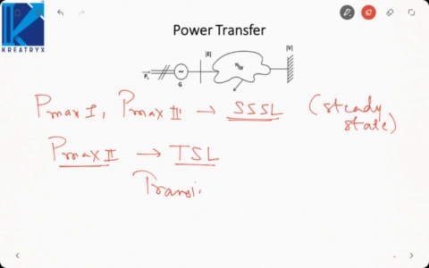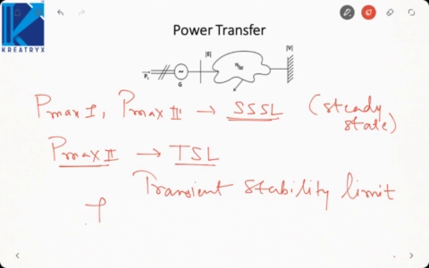Okay, so what is the transient stability limit? It is actually the maximum power transferable during the fault. This is the maximum power that you can transfer from source to load when the fault has occurred. And if you are considering that the entire current goes into the fault, and no current goes from source to load, then P max 2 is 0.